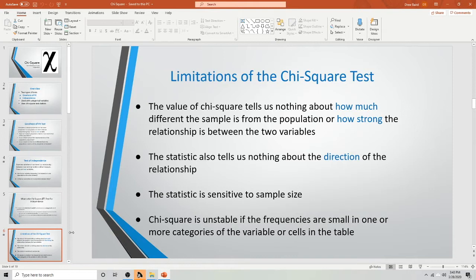So if you have just black, white, Hispanic, and other, 4 categories, the chi-square test is probably going to be pretty good with that. It can handle that. If you break it up into a whole lot of different categories, it starts becoming more and more problematic.